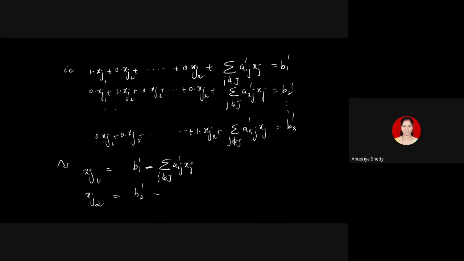It is b2 dash minus summation a2j dash xj, where j is not in J. And finally you get xjr from the last equation, 1 into xjr. So xjr is equal to br dash minus summation arj dash xj, where j is not in J.